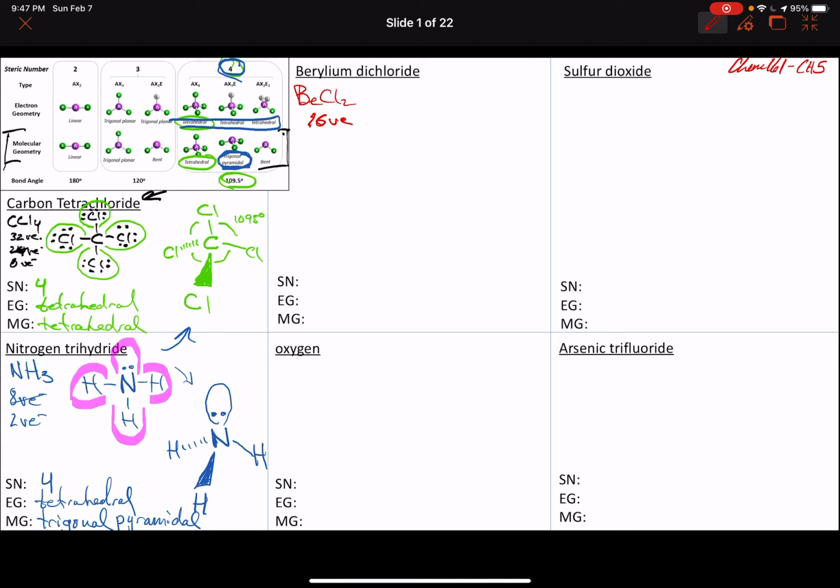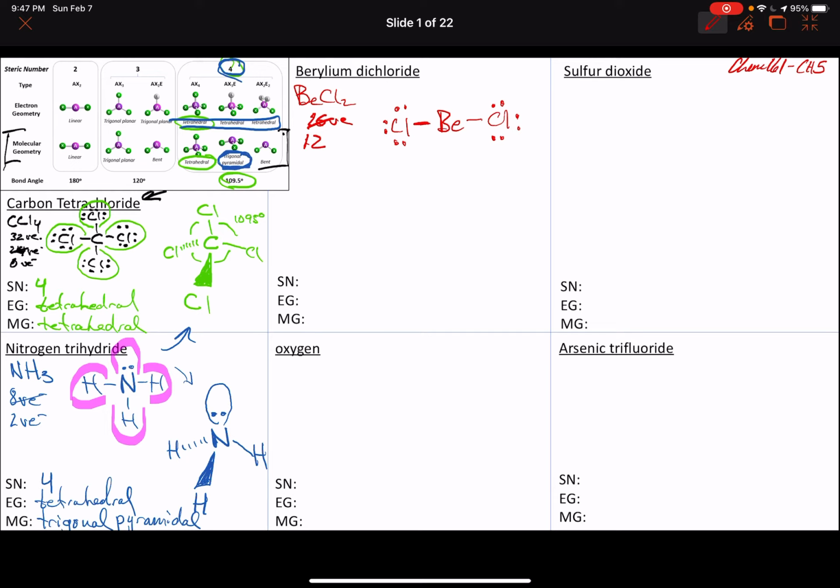We'll build our skeleton with a beryllium in the middle, put 2 chlorines. We just used 4 valence electrons, 12 to go, to build the rest of the Lewis structure. 1, 2, 3, 4, 5, 6, 7, 8, 9, 10, 11, 12.